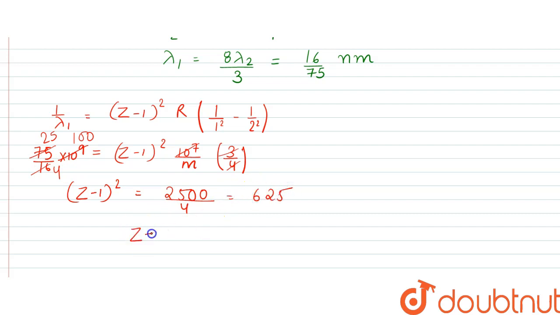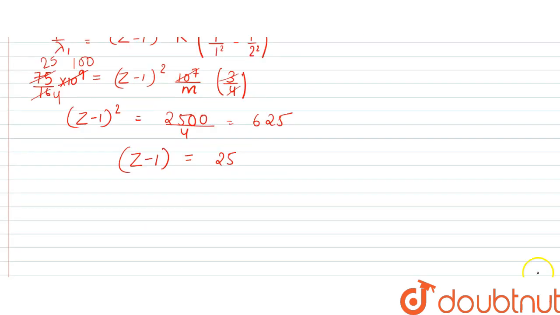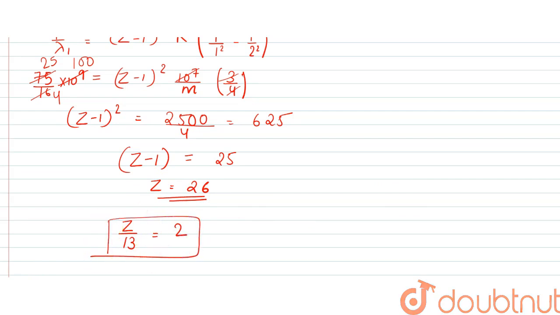So Z minus 1 would be equal to 25, so we can write Z equal to 26. So Z by 13 can be written as 2. That is the answer. Thank you.